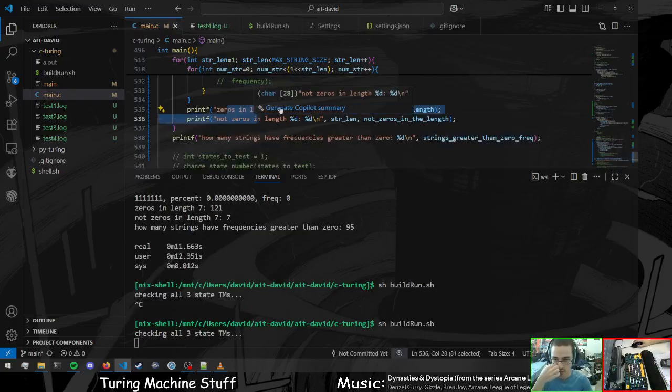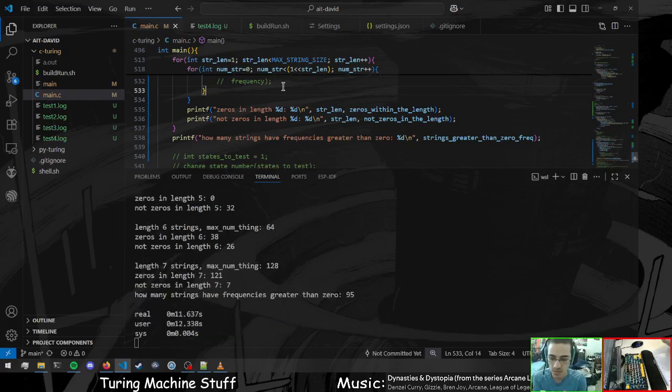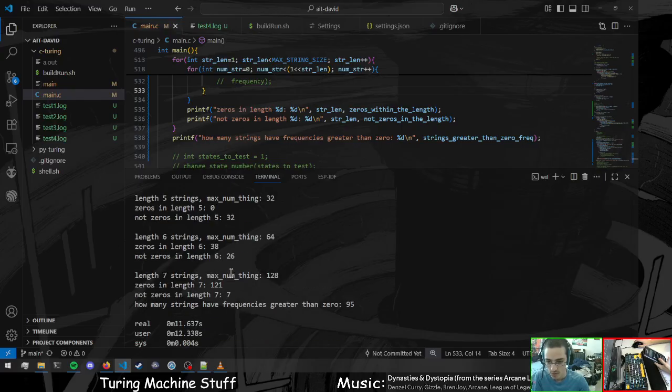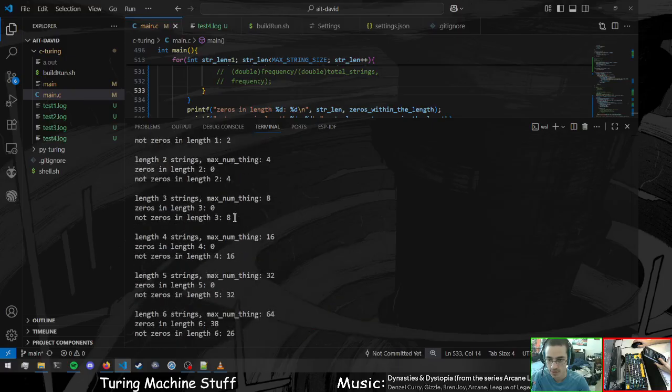I should maybe just do these just so I can do the math. But anyways, so there's supposed to be 14 strings in length 7. I got 7 of them. So my question is, how many am I missing in length 6?